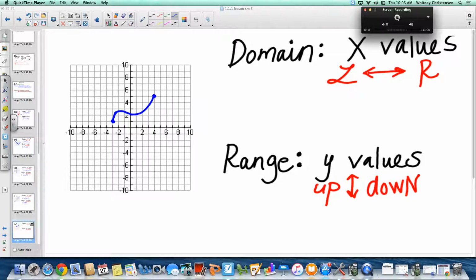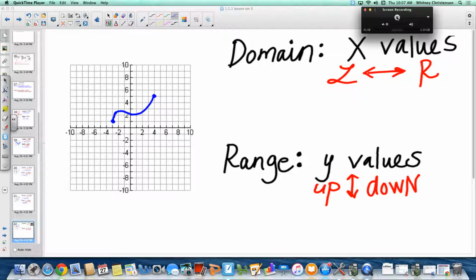Domain, we're looking left and right. Where's my function? What does my function contain from left to right? What are the numbers between? Oh, it started, we're looking left and right, not up and down. So you said at negative 3, and it grew to 4. You're right. Negative 3 to 4.